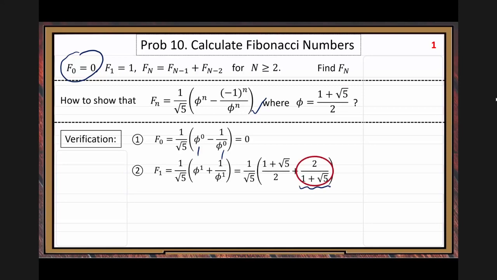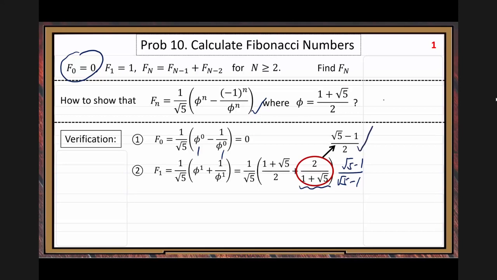So basically, we just multiply root 5 minus 1 over root 5 minus 1, same number, both numerator and denominator. After simplification, we can get this number.